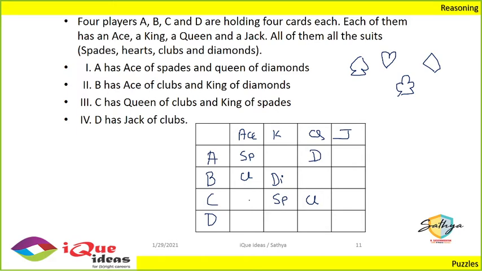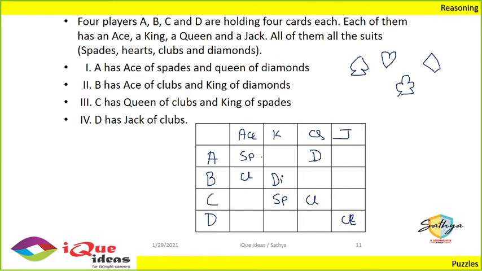And D has the jack of clubs. This is all the information that we have, right? Now we need to understand that every person has every suit and every different type of card, that is ace, king, queen, jack. So first let's start with A.